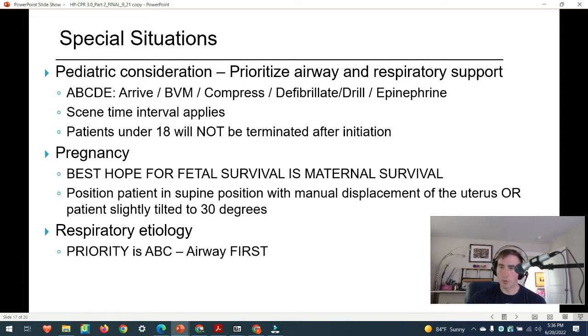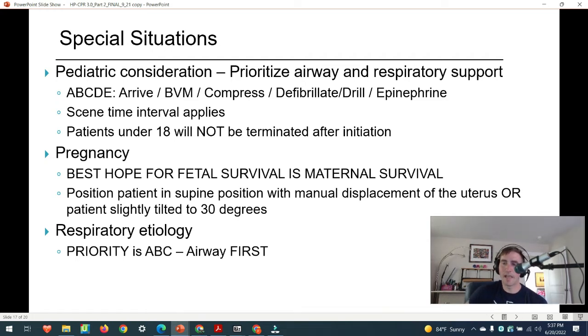Now, with pregnant patients with gravid uteruses, a patient with a gravid uterus, you've got to do something to maneuver that, because there's such a thing as maternal supine hypotension, where that large uterus with the baby actually compresses the inferior vena cava and decreases blood return back to the heart.